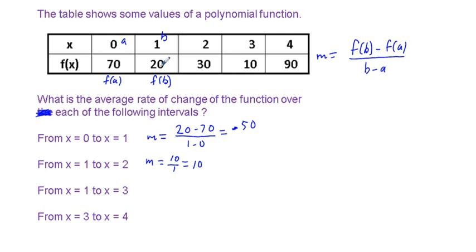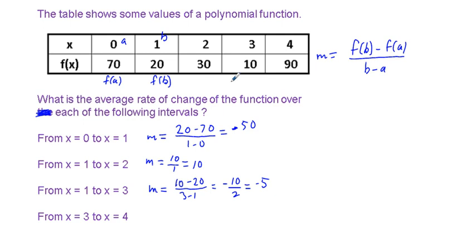From 1 to 3, f of b is going to be 10 minus 20 over b minus a, which is 3 minus 1. So we're going to have negative 10 over 2, which equals negative 5. That's our average rate of change.